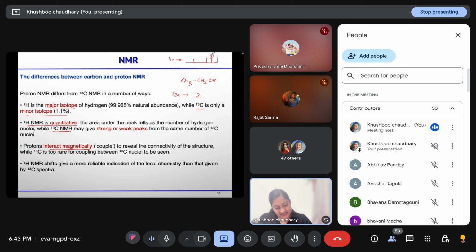One signal is for three protons, another signal is for two protons, and one is for one proton.